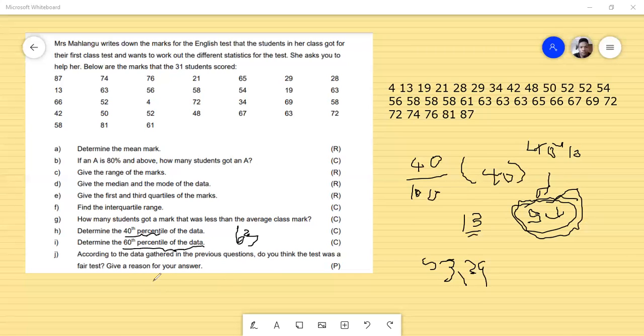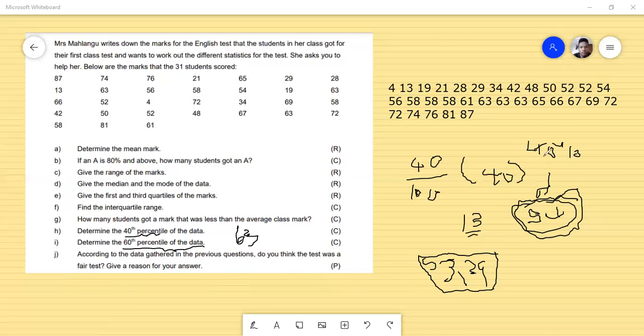So then the last question is asking, according to the data gathered in the previous questions, do you think the test was a fair test? Yes or no, and give a reason for your answer. For us to know whether it was a fair test, firstly, we must check the average, right? So we can see that the average is 53.